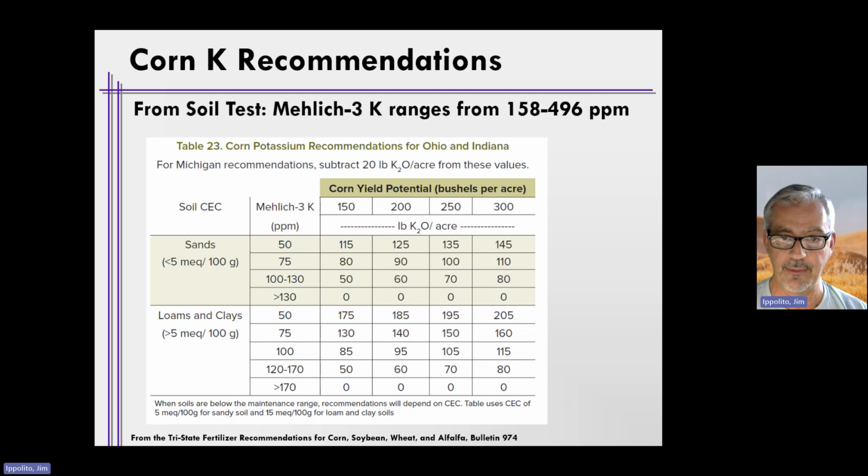So the bottom half of the table always has greater values than the upper half for any given potassium extraction number or range. And so this concept repeats on the next several slides.